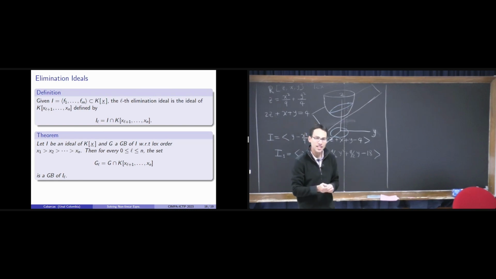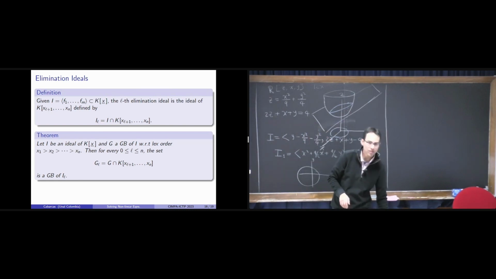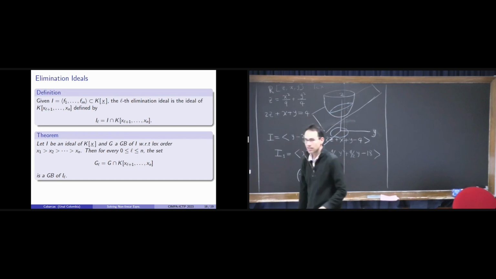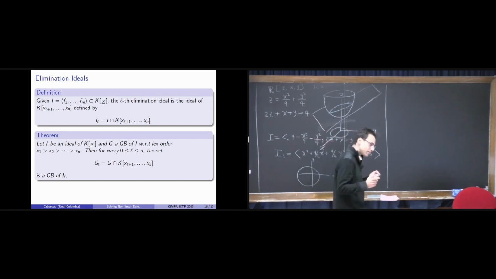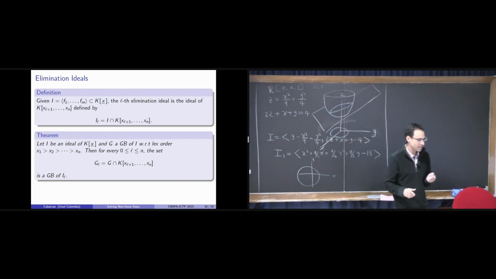So this is telling us something very nice. If you have a Groebner basis in Lex order, all you have to do is pick from that Groebner basis the polynomials written in the last n minus L variables, and that is a Groebner basis of the elimination ideal.